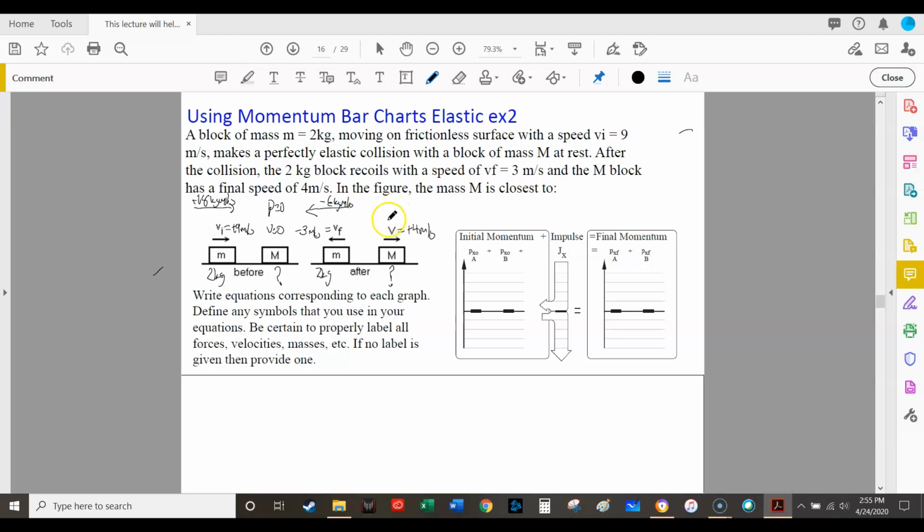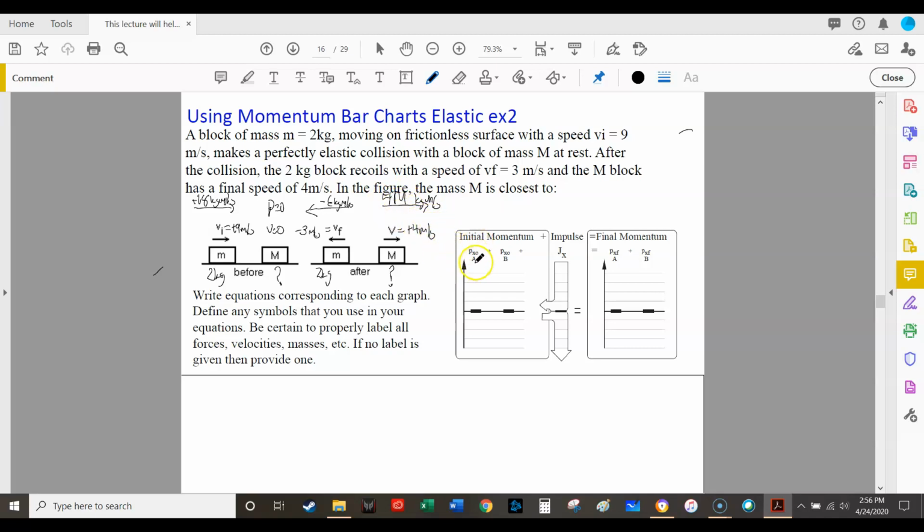And this guy is going to be to the right at 4 times the mass. So this is going to be a capital M, 4 kilogram meter per second. It's going to be 4 times that. Let me write that a little bit more legibly. So 4 mass kilogram meter per second, right? So whatever this mass number is, it's going to be 4 times that, okay?